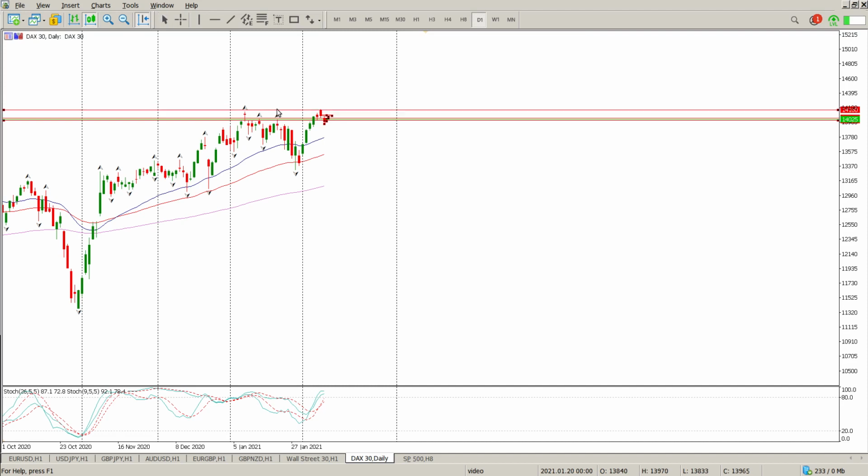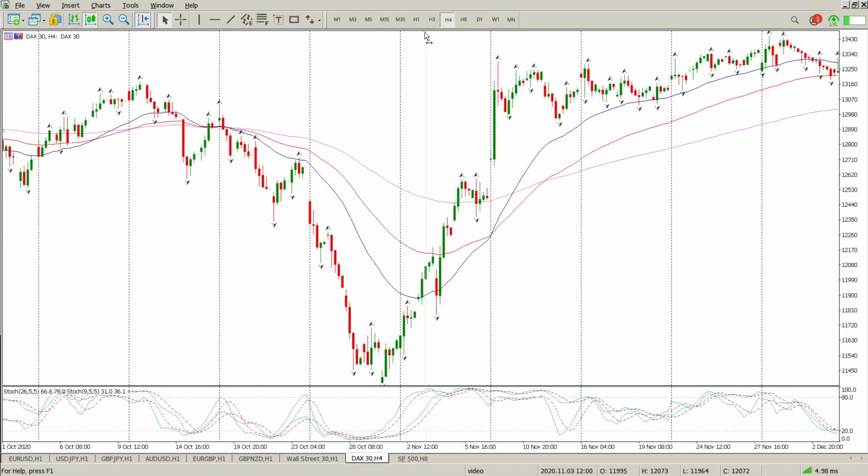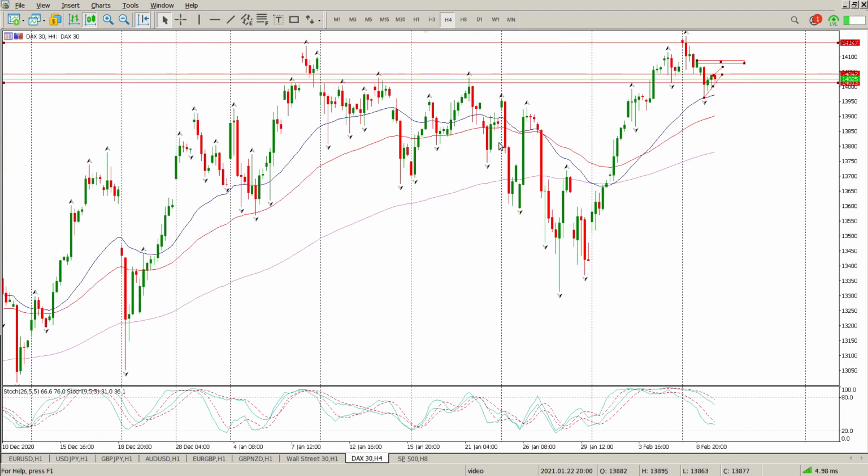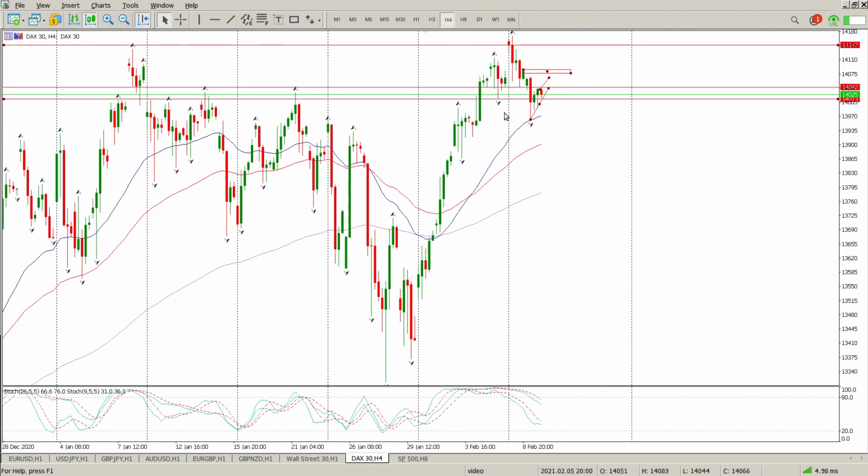Price is a double top, but you can see we've got a bit of divergence. I wouldn't write too much into that. You could argue that it is slightly higher as well, so I wouldn't even bother looking at that. So yeah, it is actually higher, so ignore that.